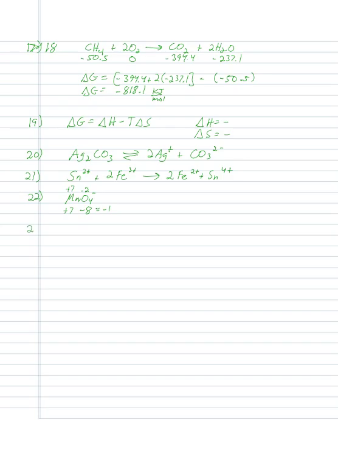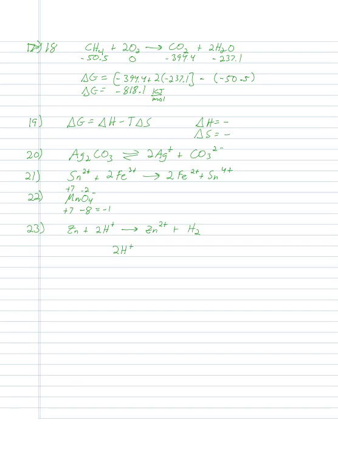All right, let's look at 23 here. Which is the reduction half reaction in the following reaction? We've got zinc solid plus 2H+ going to Zn2+ plus H2. So we write out our half reactions here.